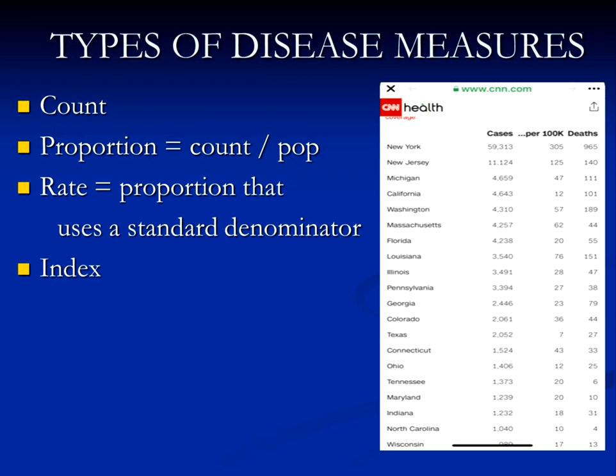So I grabbed this graphic on March 29th from CNN, and you can see cases in the second column. The states are in the first column, and the second column is cases. If you go down, Florida has 4,238 cases.